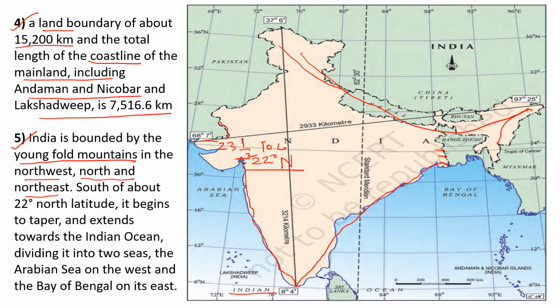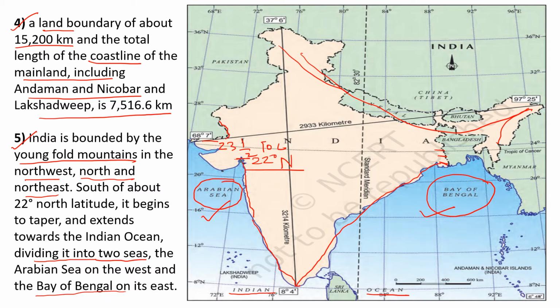This is the Indian Ocean, and it divides it into two seas, the Bay of Bengal and the Arabian Sea: the Arabian Sea on the west and the Bay of Bengal on its east.